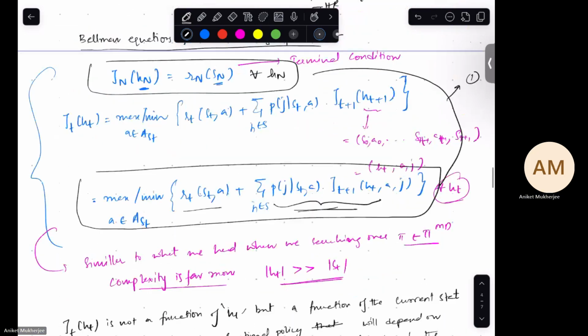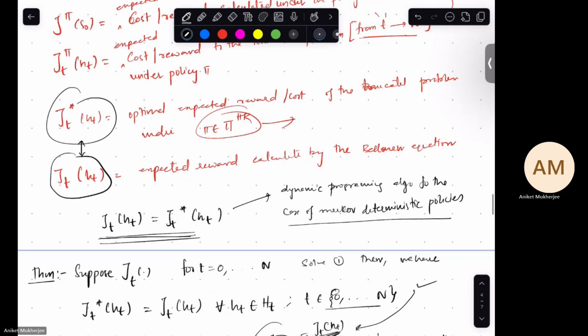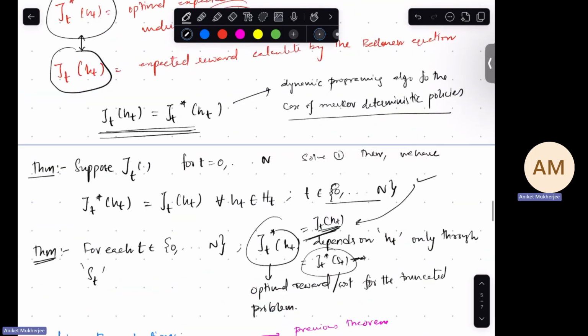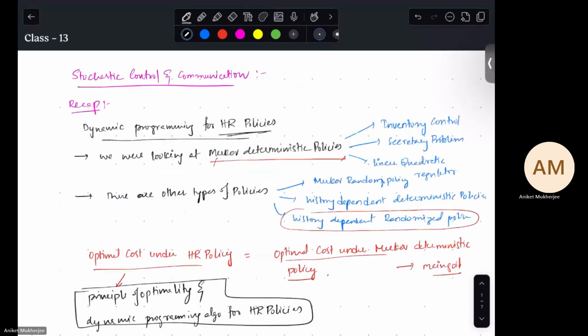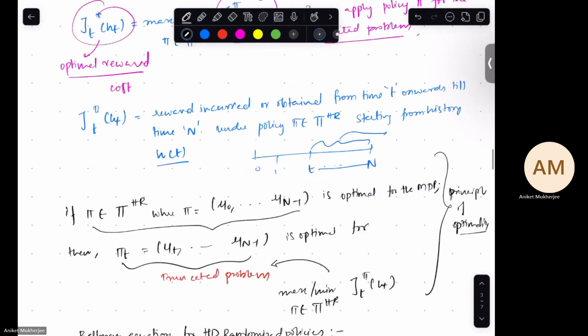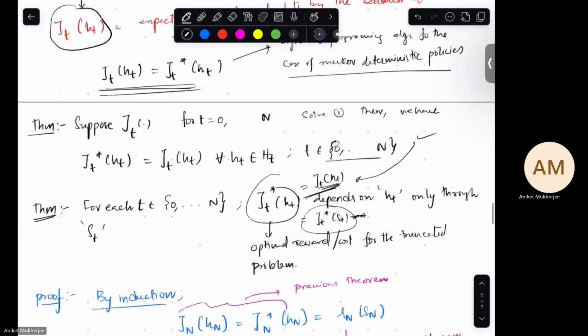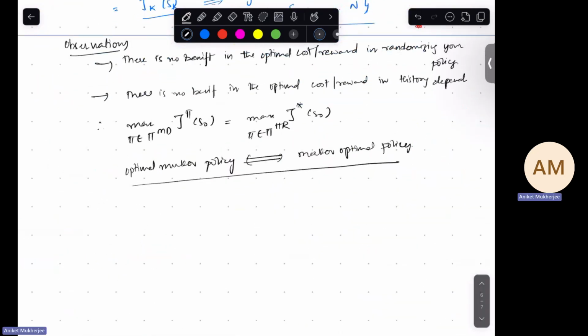So basically, what we have shown today is that you don't need to look at the whole history to come up with the optimal policy, or even if you look at the whole history to come up with the optimal policy, it is sufficient to look at Markov deterministic policies, right?